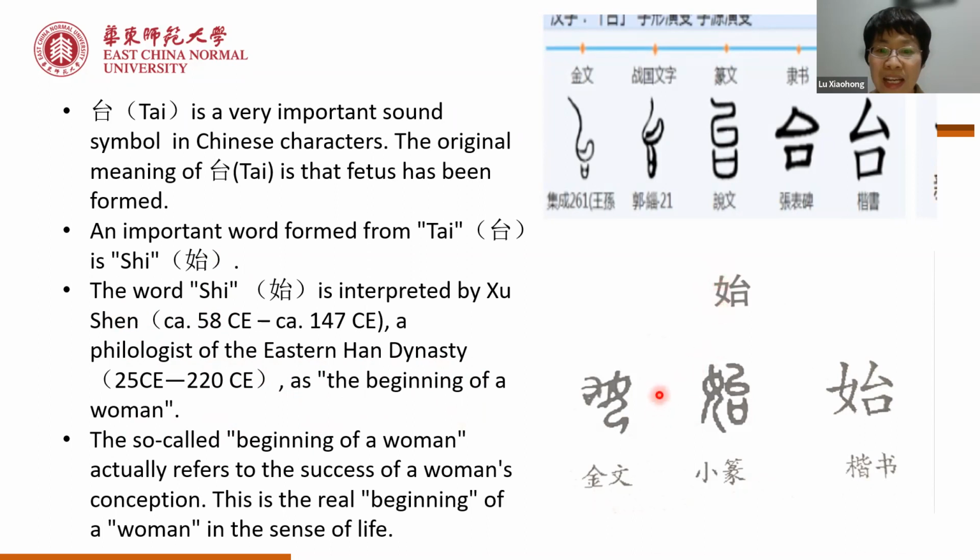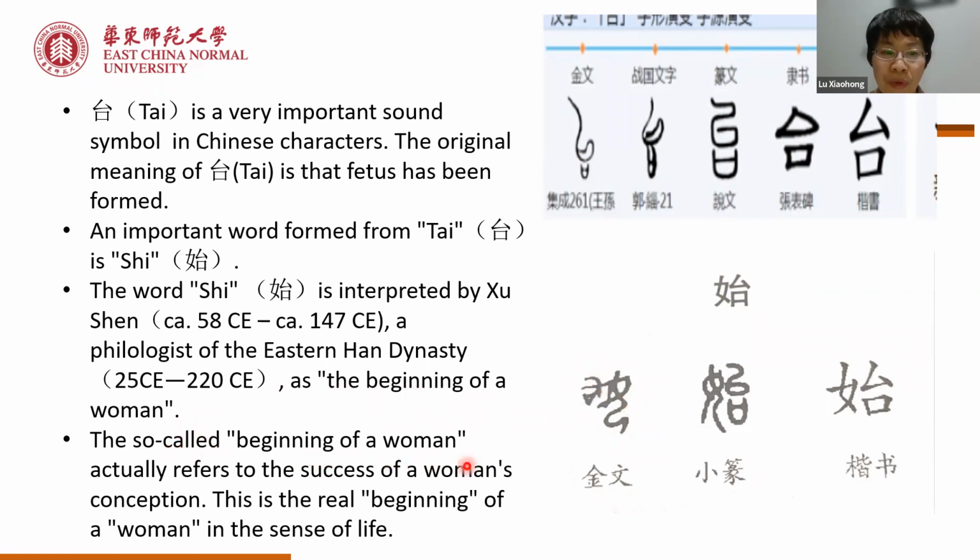Here you can see the word we use today. On the left side is the character for female. This is the very early one in bronze inscription. Here on the right part is a woman, and on the left part is Tai. So you can see the fetus and the mouth.